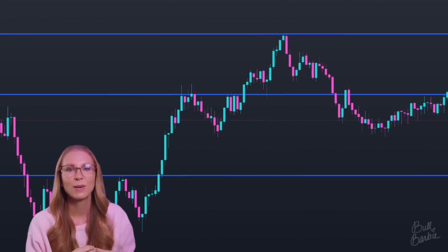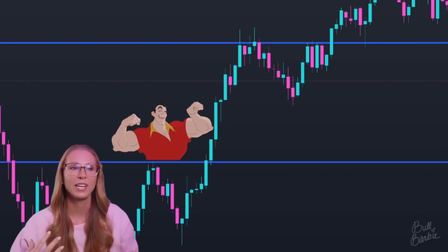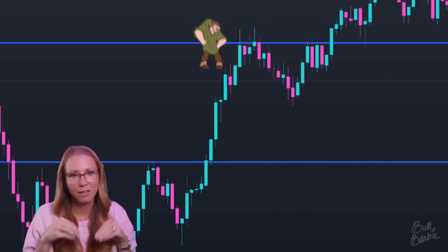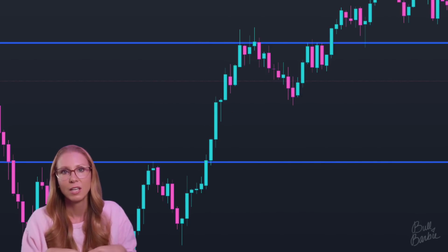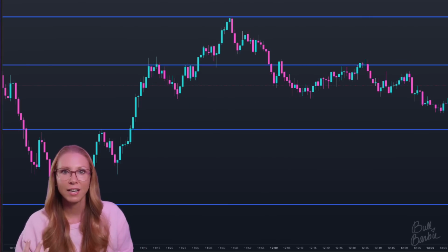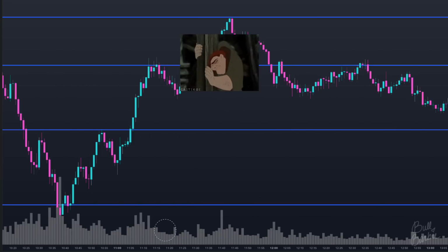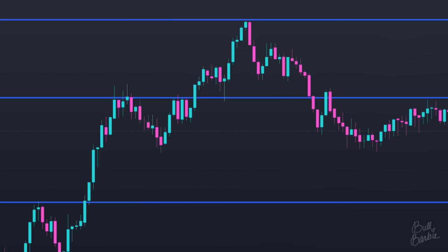But we're looking for a big showy Gaston candle and not a humble little Quasimodo candle. So a strong, confident candle should also have some strong volume with it. Gaston travels with an entourage, right? Quasimodo, not so much. Quasimodo might be able to put a dent into a price action wall, but Gaston with his hype crew can really get the mob going.